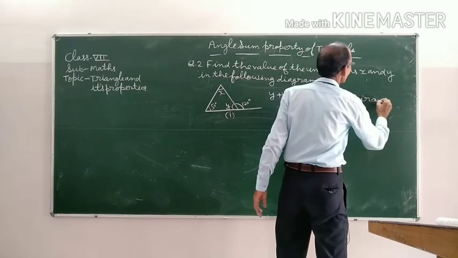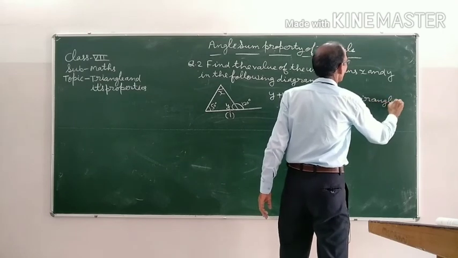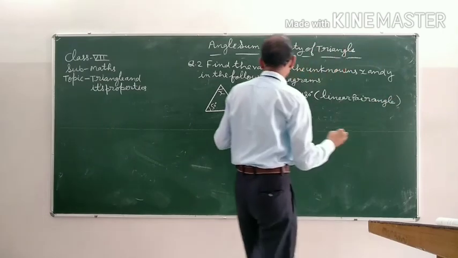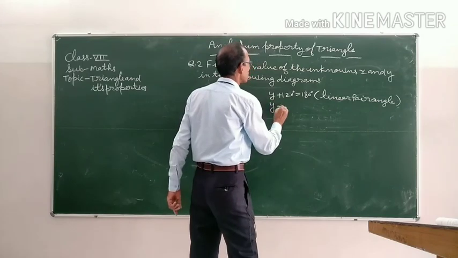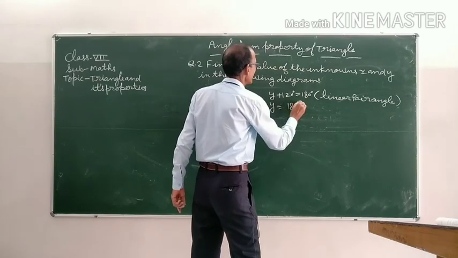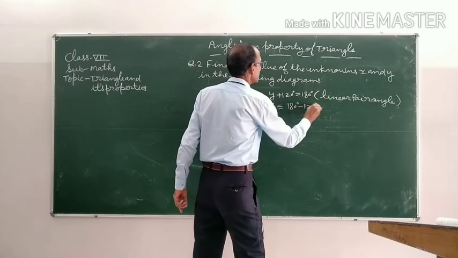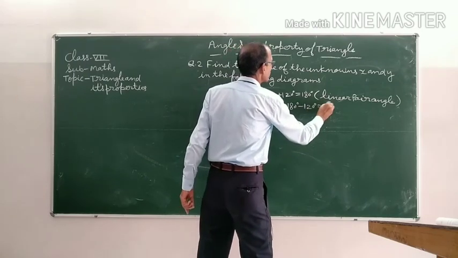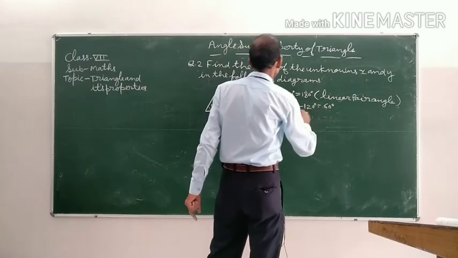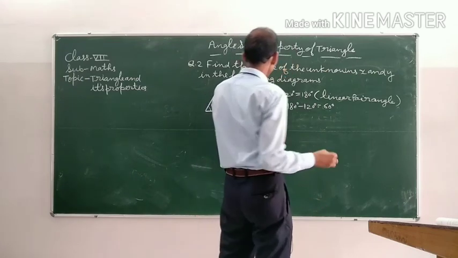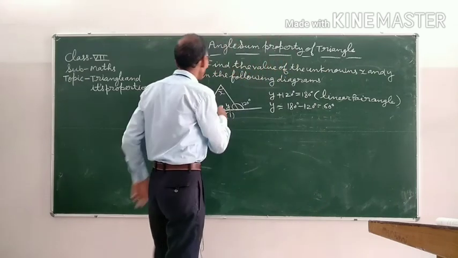Okay, so y is equal to 180 degree minus 120 degree is equal to 60 degree. Okay, we found the value of y.